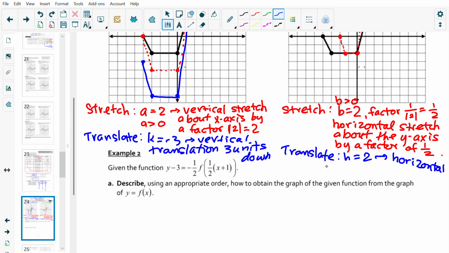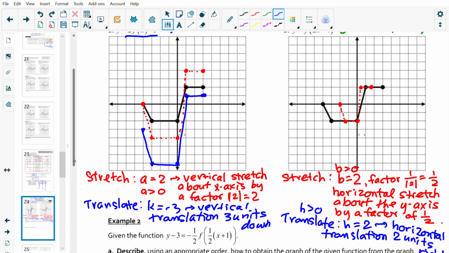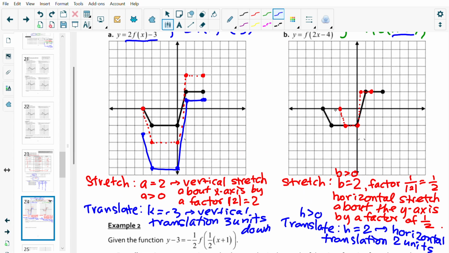This is a horizontal translation 2 units to the right because h is positive, right? H is greater than 0. Okay, let's finish off the graph. So what I have here, a dotted line in red, I'm going to translate 2 units to the right.